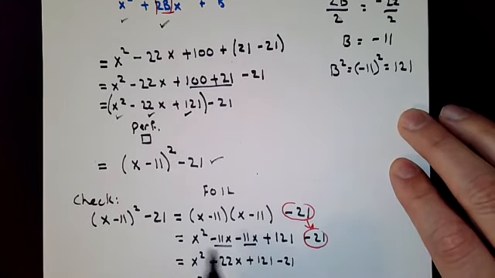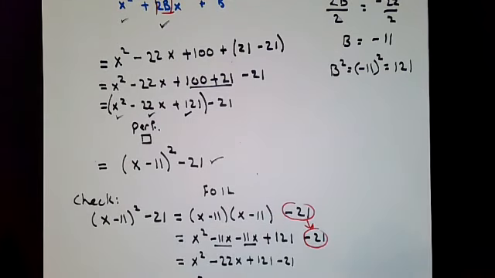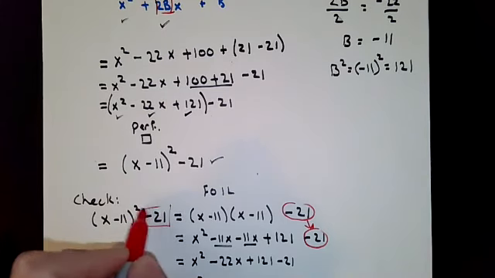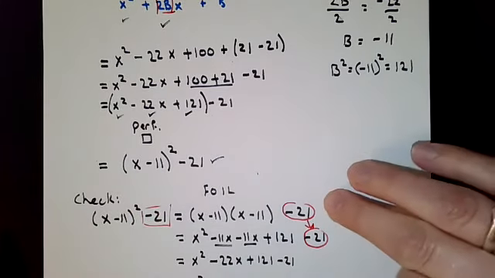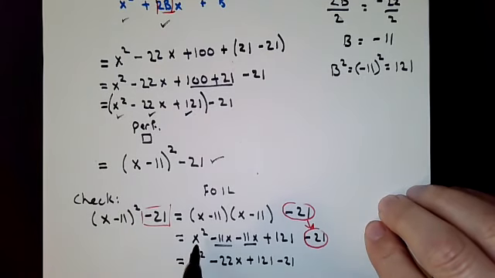All right, so here's where I took the x minus 11 and I wrote it side by side to FOIL it out. The minus 21 that we had on the outside here is still right here. So when we FOIL it, x squared is the first, negative 11x is your outers, x times negative 11.